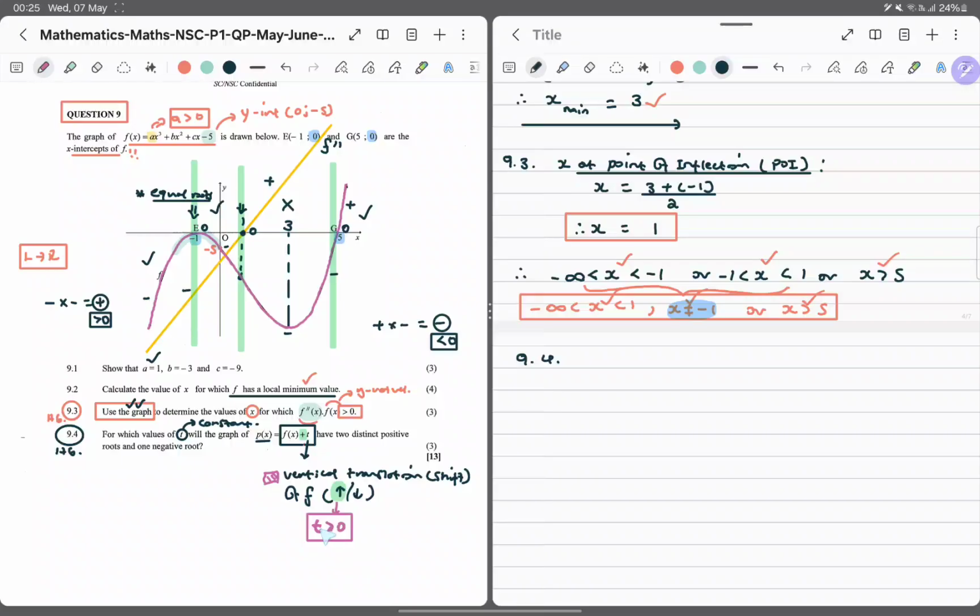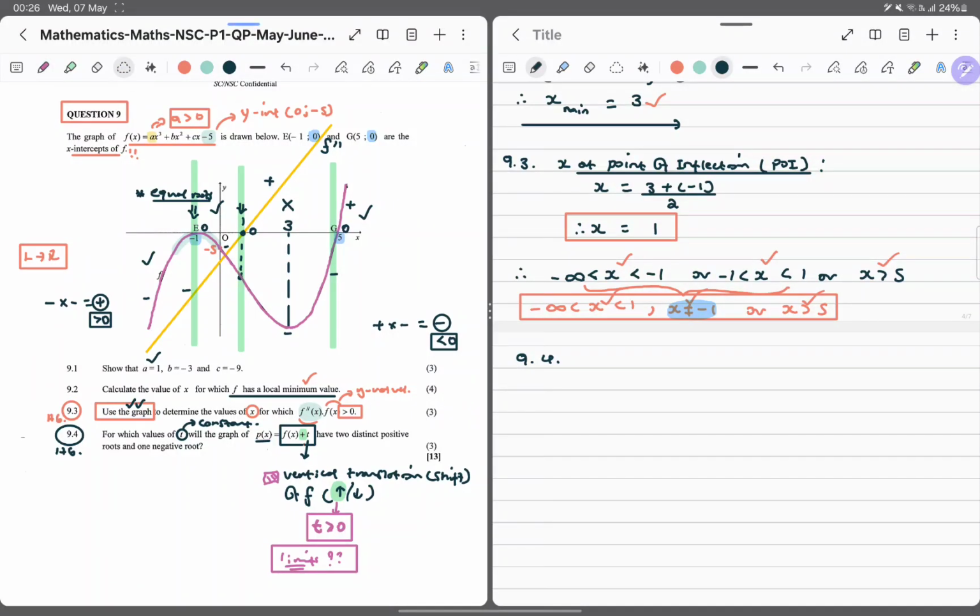Is that all? Should t be just positive all the way to positive infinity? Or are there any limits? So always think of limits with these kinds of questions, because it may be easy to find the first part, but the question is, are there any limits to how this t should be?